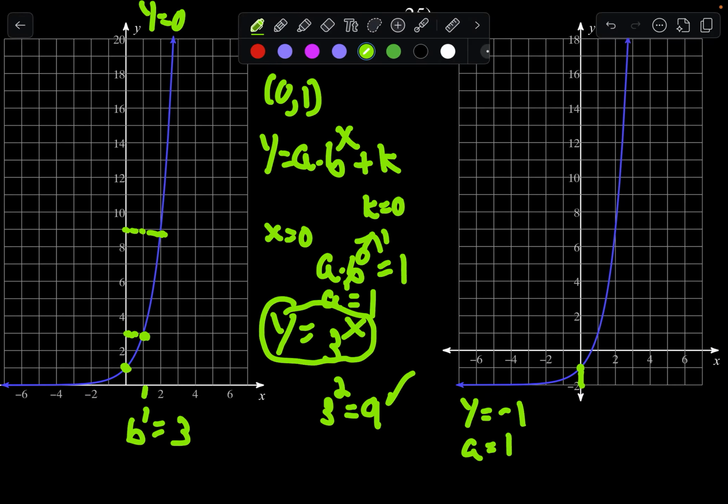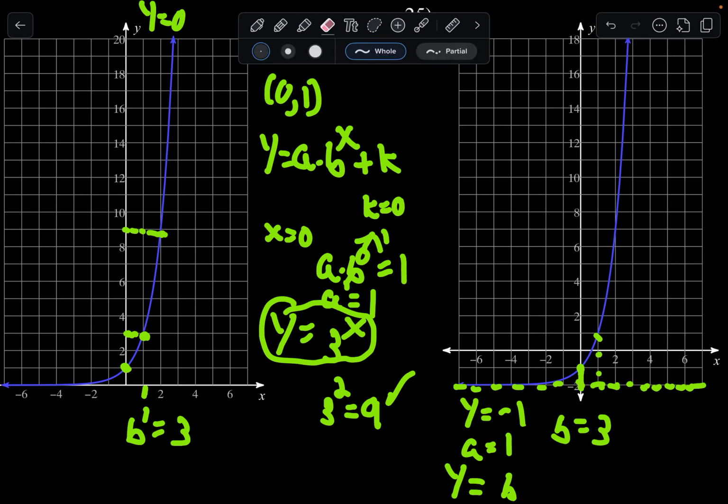So I'm going to basically treat y equals -2 as the x-axis now. So when we're at 0, we're at 1. When we're at 1, we go up 1, 2, 3. So that tells you b equals 3. So now we have y equals 3 to the x minus 2.